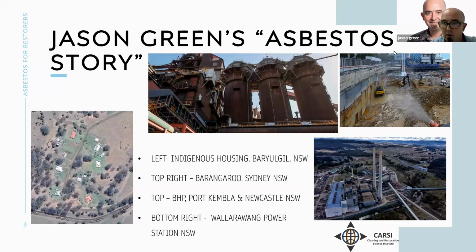And on the top right-hand corner there is essentially a massive pit in the city, and you might recognise that's Barangaroo, where the three towers are now in Sydney, where many hundreds of thousands of tonnes of contaminated soil was removed from that site. And the one down the bottom right here is a Warrawang power station. I'm sure some of you on the call may have worked on industrial sites, so there are a lot of different asbestos materials on these sorts of sites, which we're going to discuss tonight.